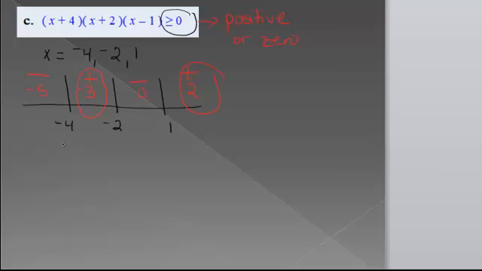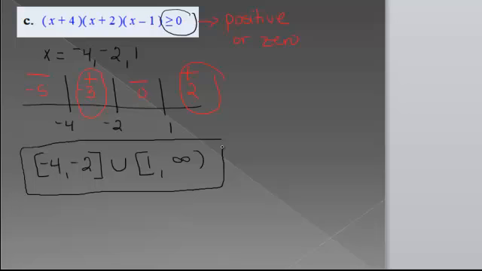So my solution set will be -4 to -2. I do include both of those endpoints. And 1 to infinity. When I say you do include the endpoint, I just mean you put the bracket. You can never stop infinity, that's why it's always open. Open means you use a parenthesis there.